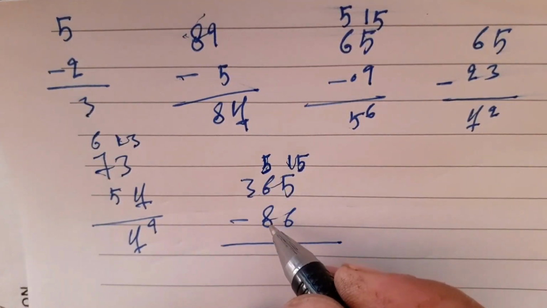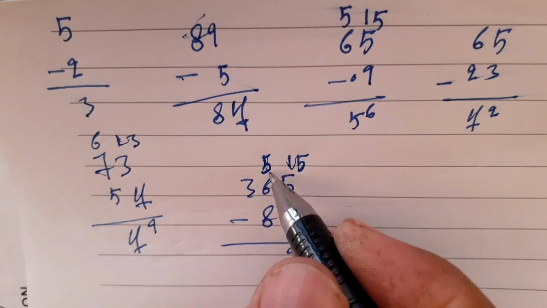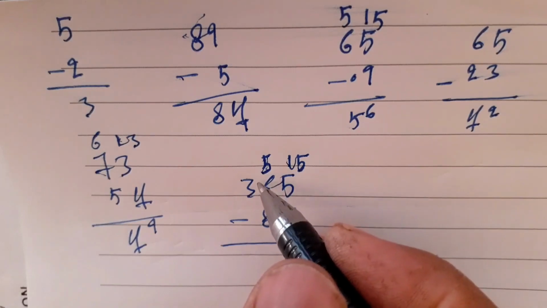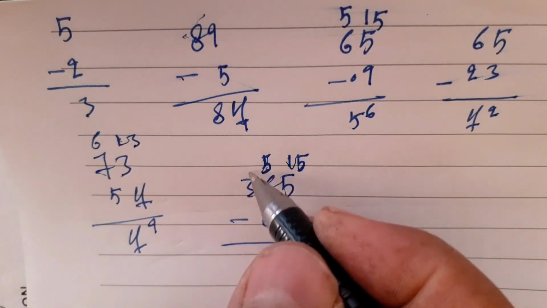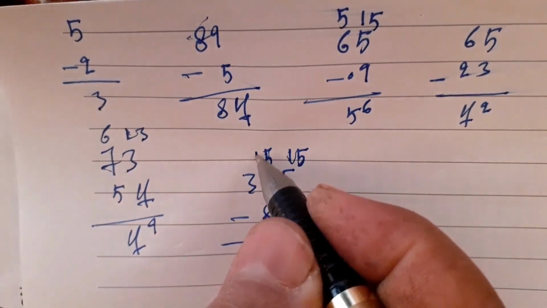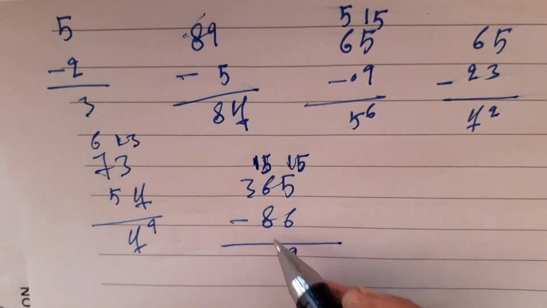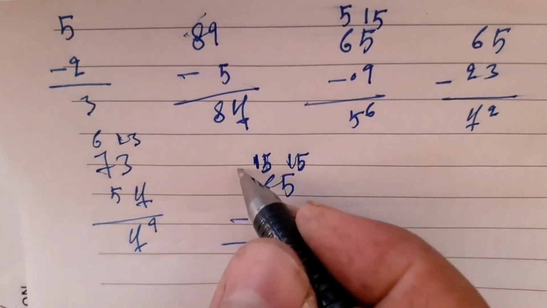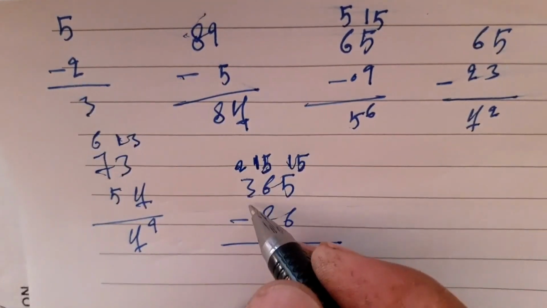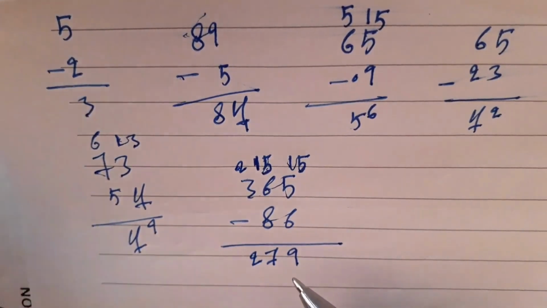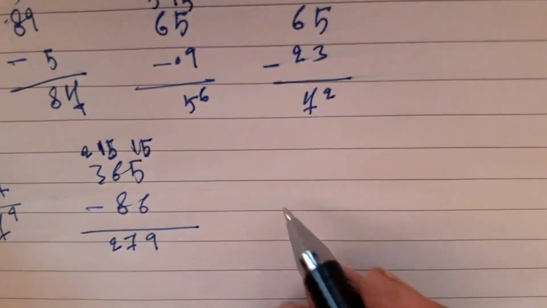We can't subtract 8 from 5, so we borrow from 3. It becomes 15. 15 subtract 8 is 7. The 3 becomes 2. 2 subtract nothing, or subtract 0, is 2. Next example.